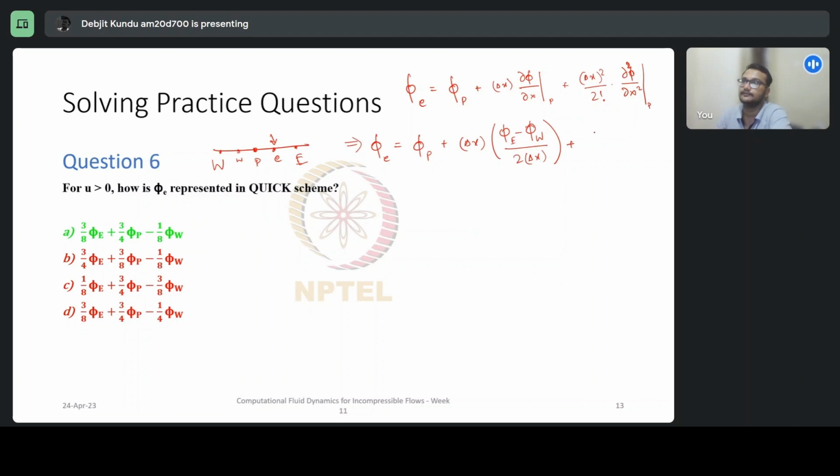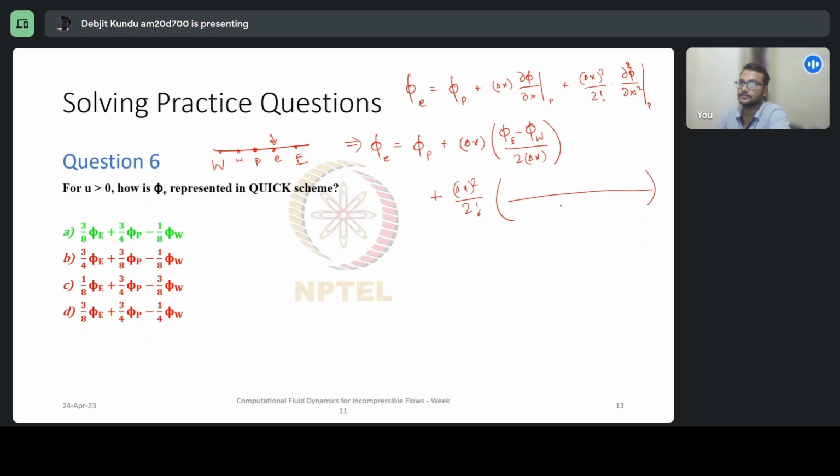So the second term I have delta x square by 2 factorial multiplied by the second derivative of this.